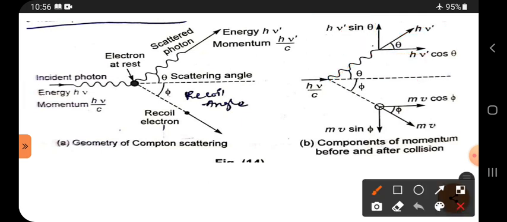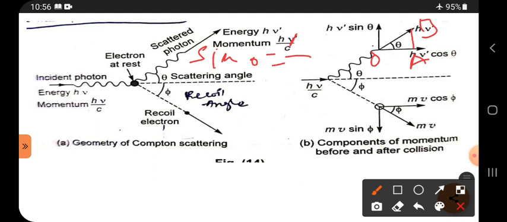Okay. So draw one normal from this point and write it as O, point A and point B. OAB is one right angle triangle. Now apply the sine theta. Sine theta formula is opposite by hypotenuse.